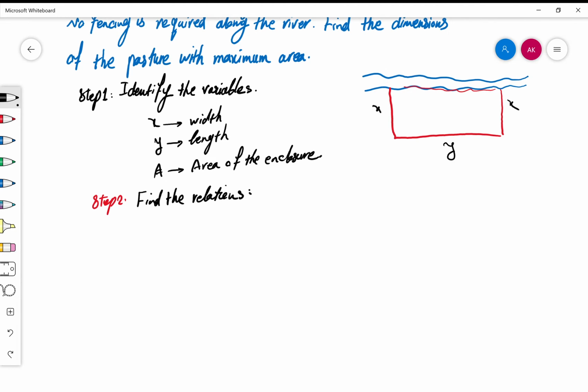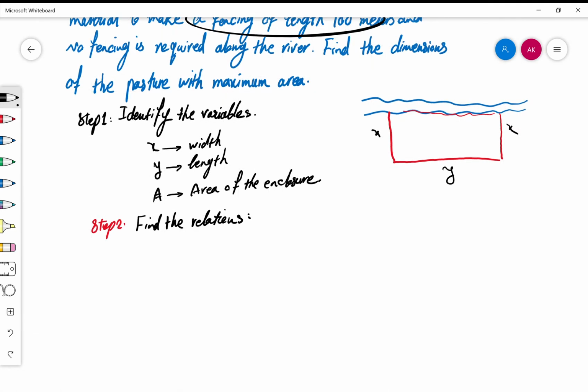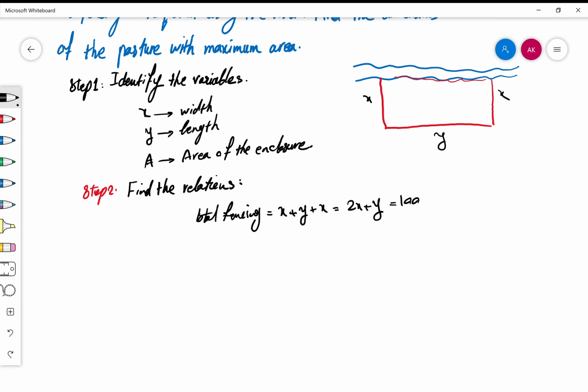So the total fencing is x plus y plus another x. In other words, it is 2x plus y. And we know that we only have 100 meters of material to make that fencing. Another thing is that the area is equal to x times y.